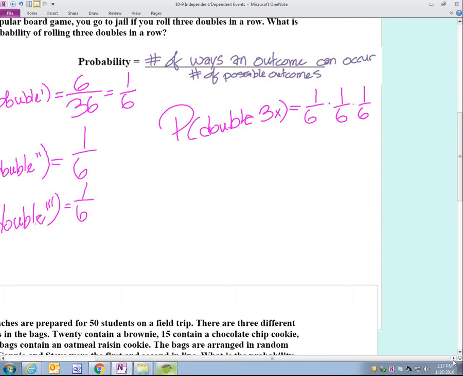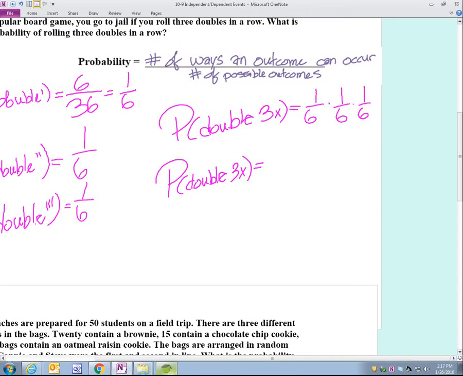So in order to do that, I'm just going to rewrite it so it's nice and pretty for the camera. So 6 times 6 is 36, times 6 is what? 216. Do I agree with you?